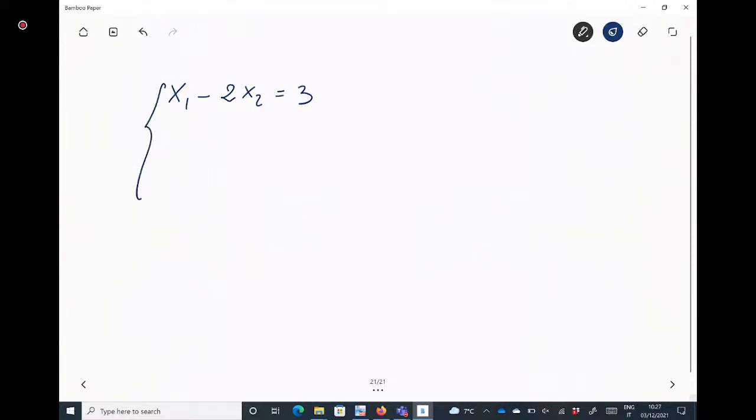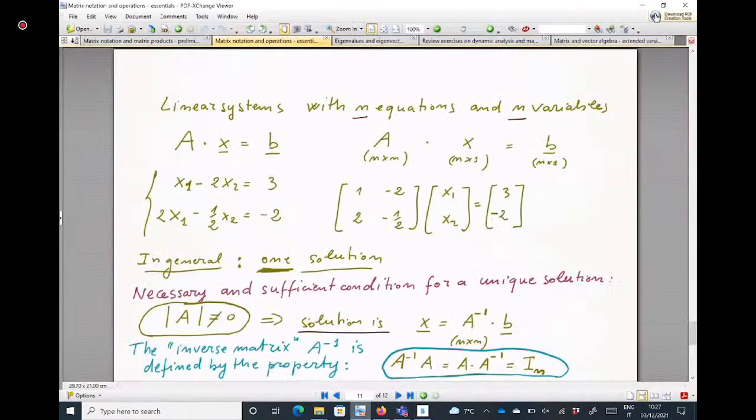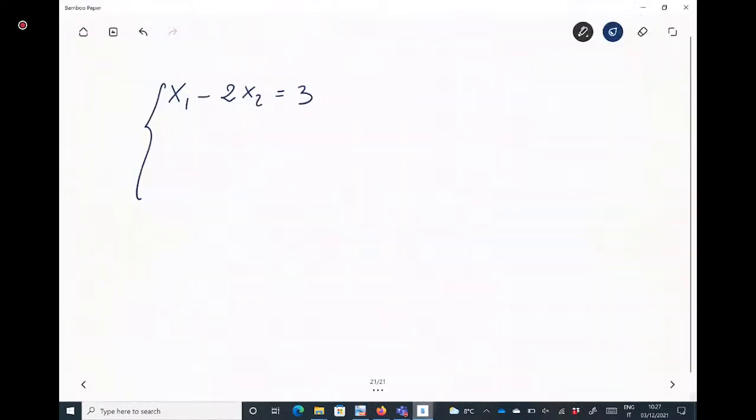The first equation, and the other equation was 2x1 minus 1/2 x2 equal to minus 2. When you solve by simple substitution, you just try to obtain one variable from one equation, and then to replace this into the other equation, okay?